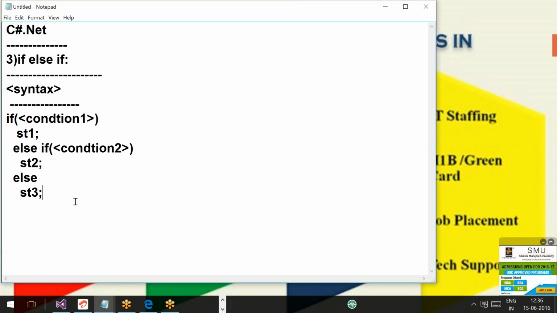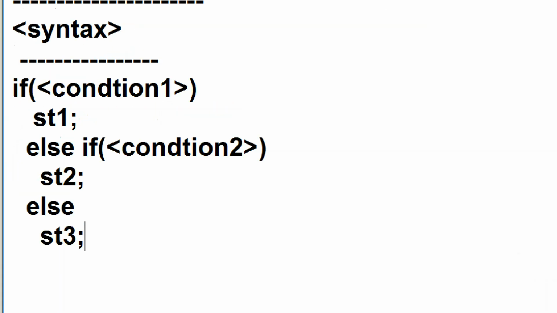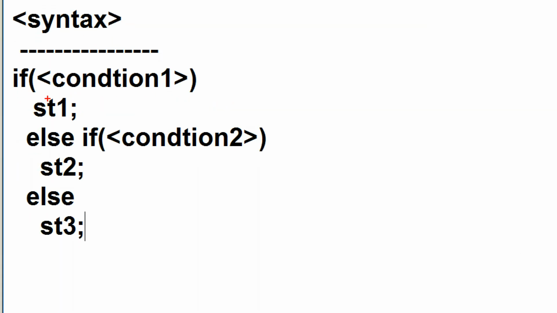If condition 2 is also false, it will skip statement 2 and go to the else part, statement 3.